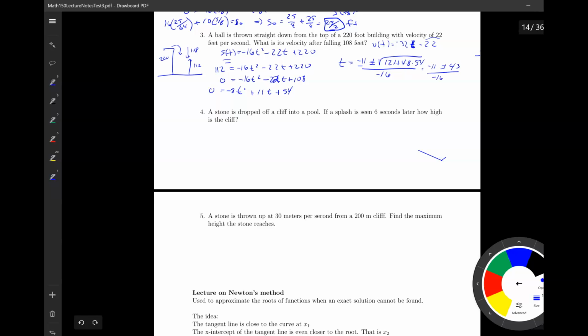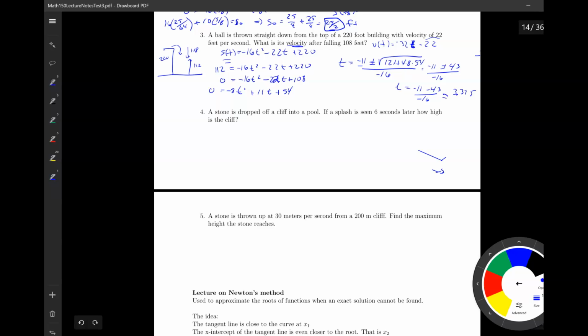Okay, so I've got two numbers here. So for the time, I want negative 11 minus 43, divided by the negative 16, and that gives me, putting in my calculator, about 3.375. All right, that's the time. Okay, so what is it I'm trying to find again?